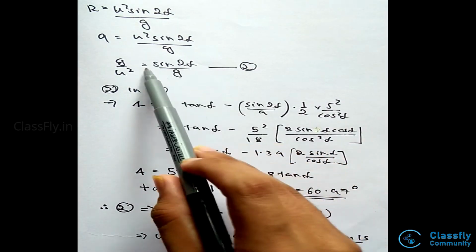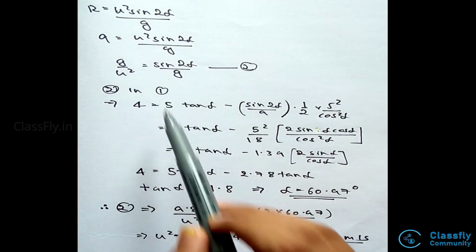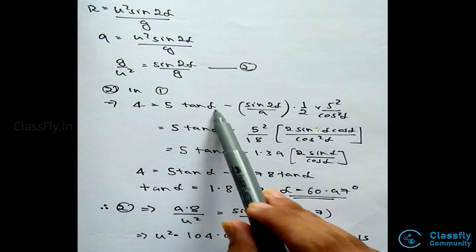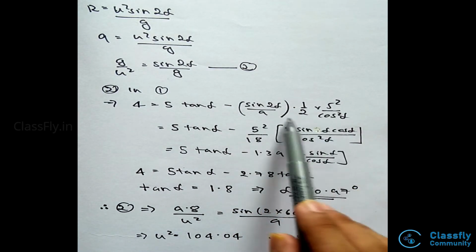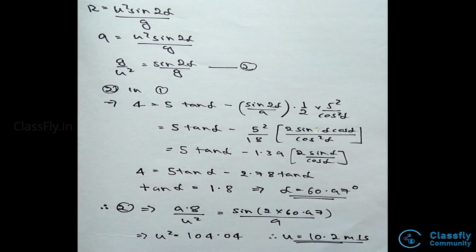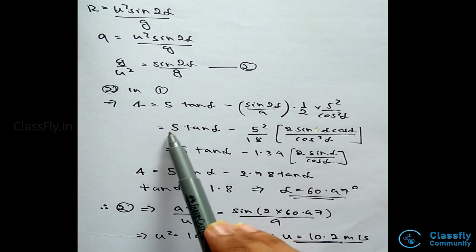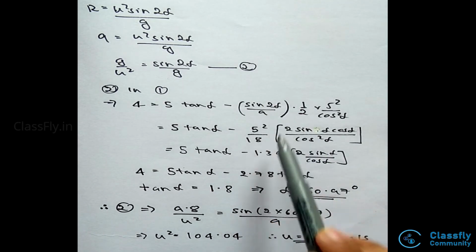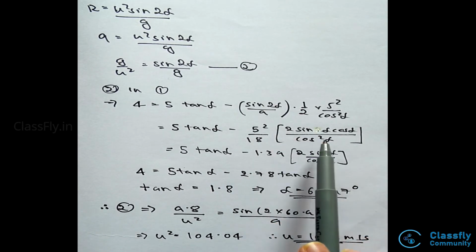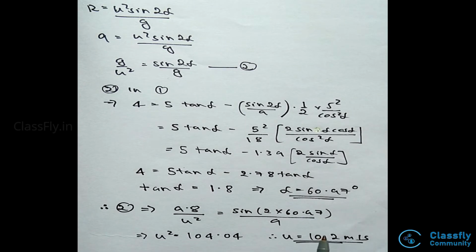Now, substituting the value of equation 2 in equation 1, we have 4 is equal to 5 tan alpha minus sin 2 alpha divided by 9 into 5 square divided by 2 cos square alpha. Hence, this will be equal to 5 tan alpha minus 5 square divided by 18 into sin 2 alpha, which can be written as 2 sin alpha into cos alpha divided by cos square alpha.